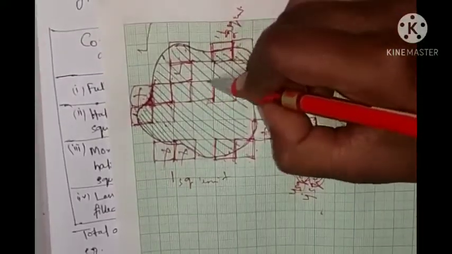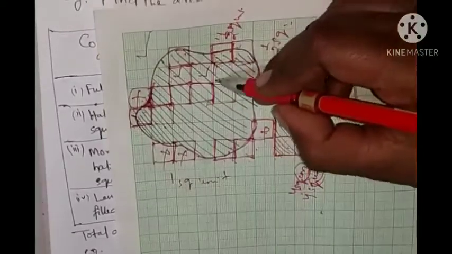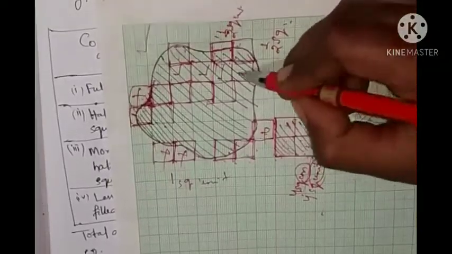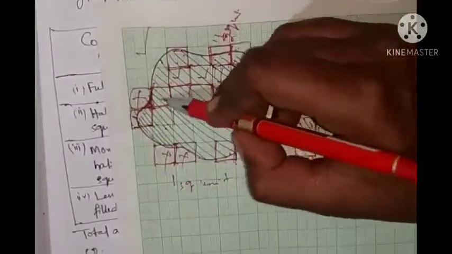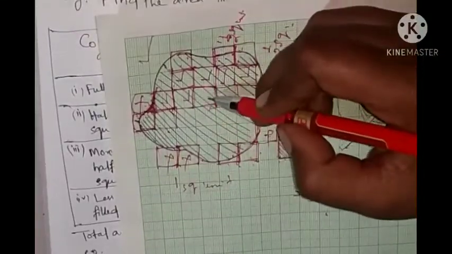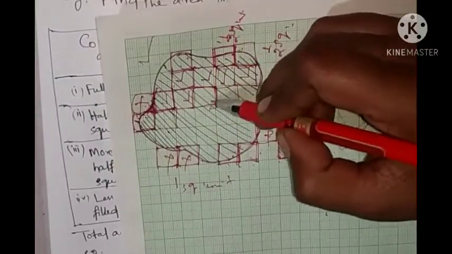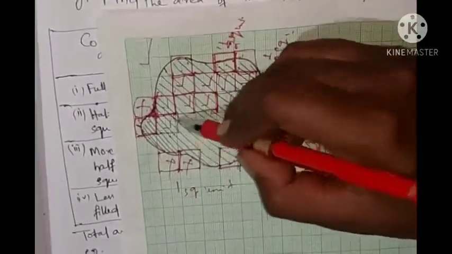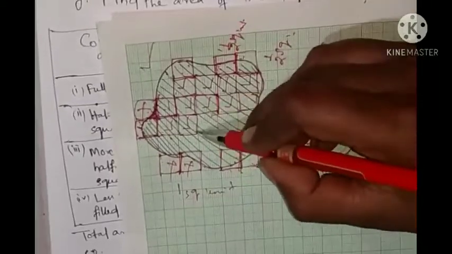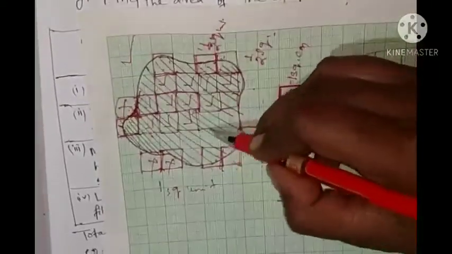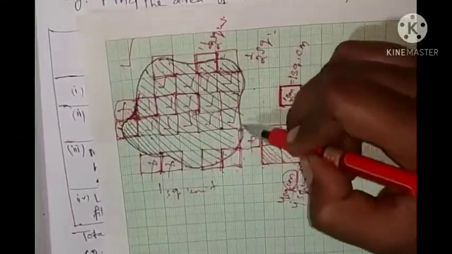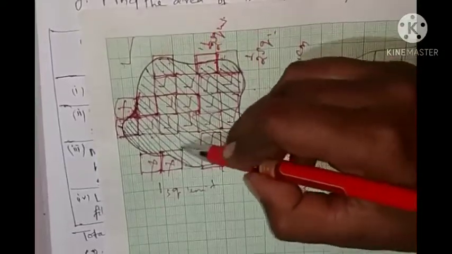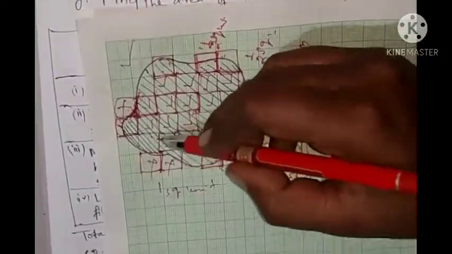Okay, then this is 2, then this is 3, then this is 4, then 5, 6, then 7, 8, 9, then 10, 11, 12, 13, 14, then this one is 15, 16, 17.